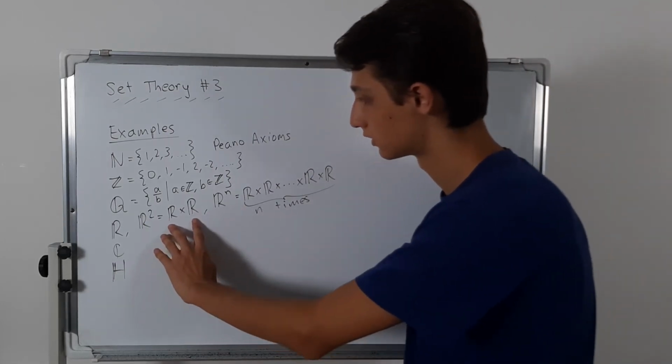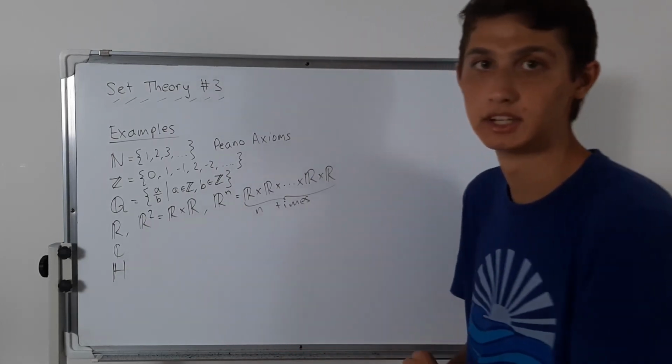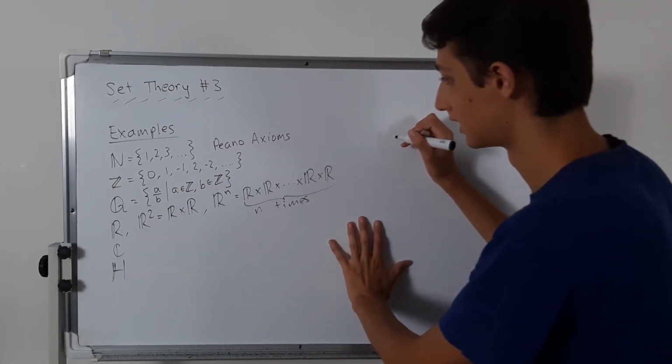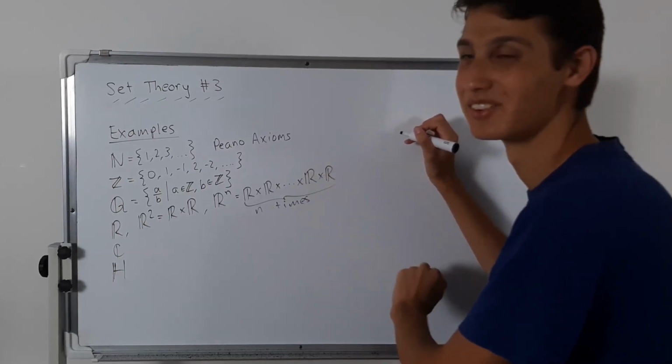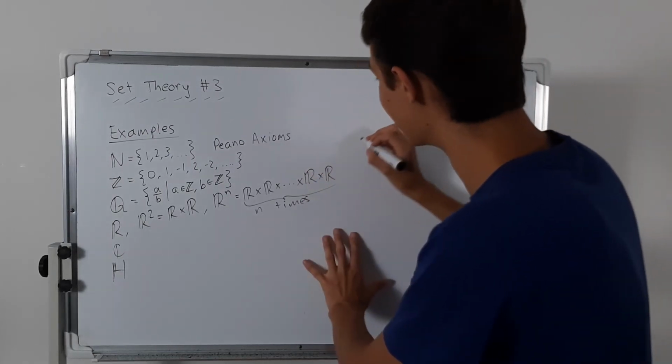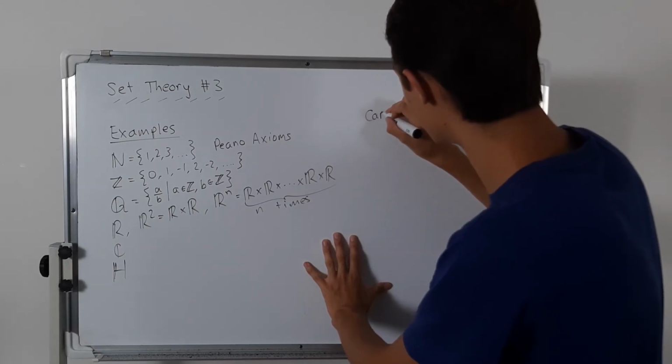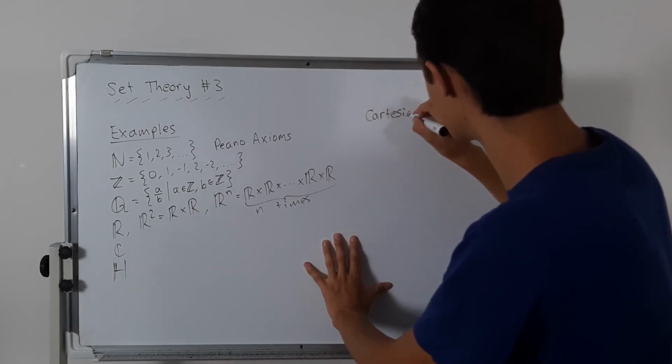This multiplication here is what's known as the Cartesian product. It comes from Descartes.